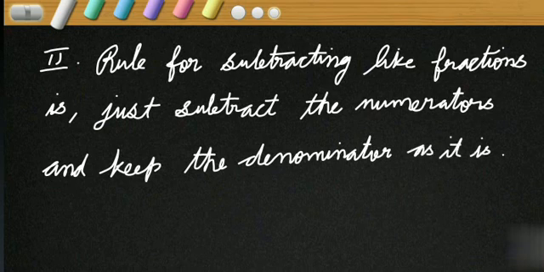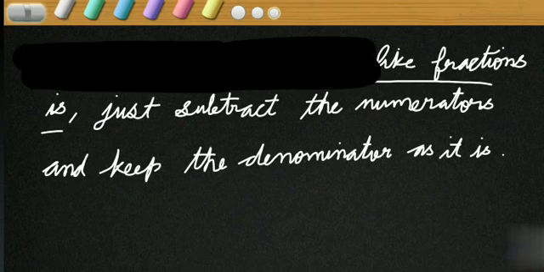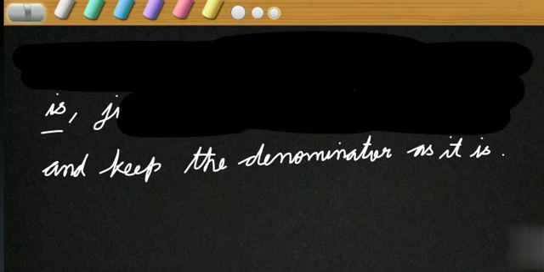So the rule for subtracting like fractions is what? Just subtract the numerators and keep the denominator as it is, just as in the case of addition of like fractions. Here instead of addition we have to do the subtraction, that's all.